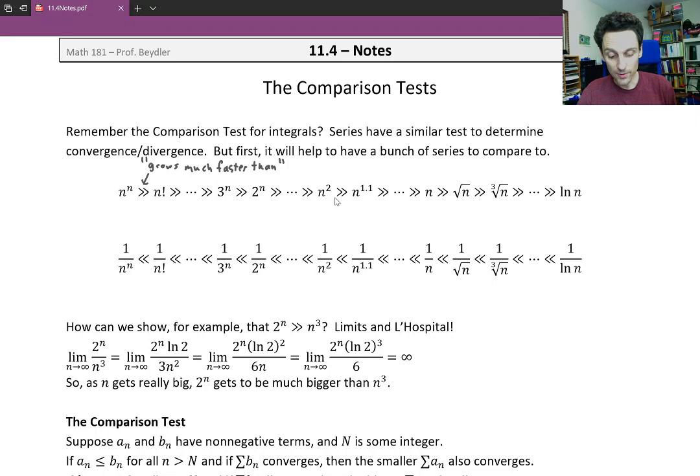And so this is going to order for us the kinds of expressions that grow faster when n gets large, and the ones that grow more slowly when n gets large.